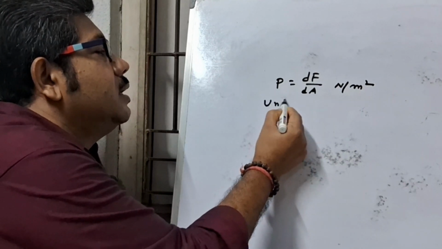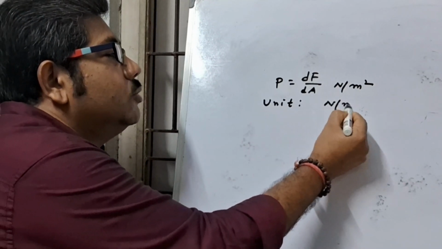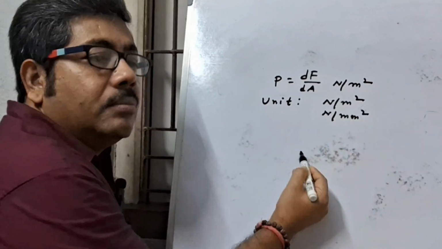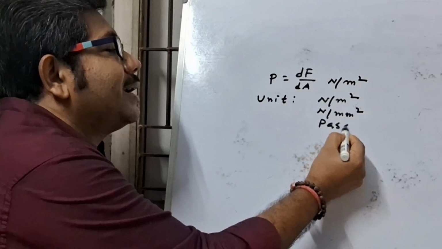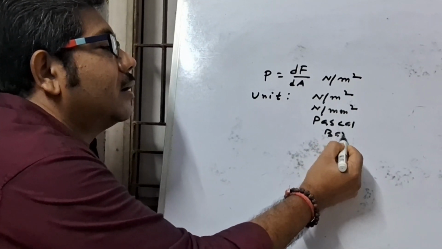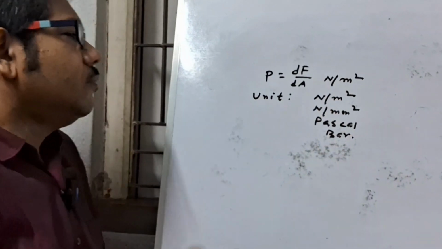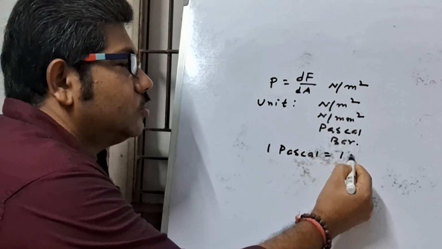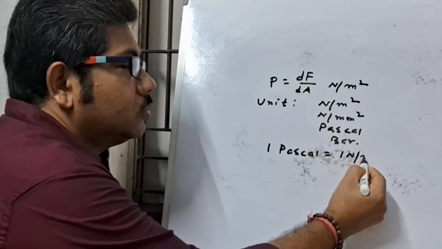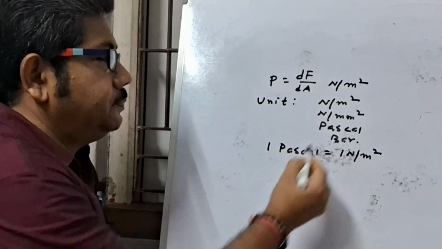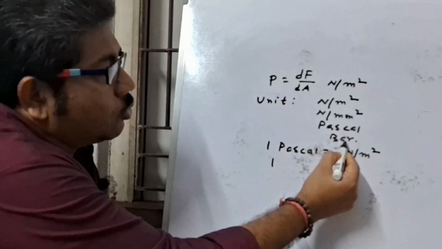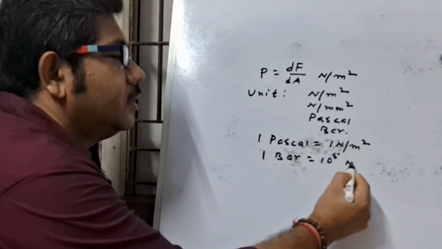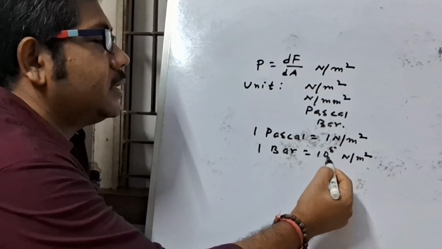That means here unit, this is Newton per meter square or Newton per millimeter square, Pascal or bar in different format. 1 Pascal is equal to 1 Newton per meter square and 1 bar is equal to 10 to the power 5 Newton per meter square, that means 10 to the power 5 Pascal.